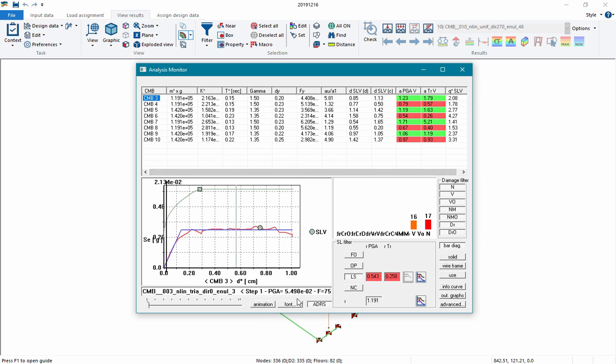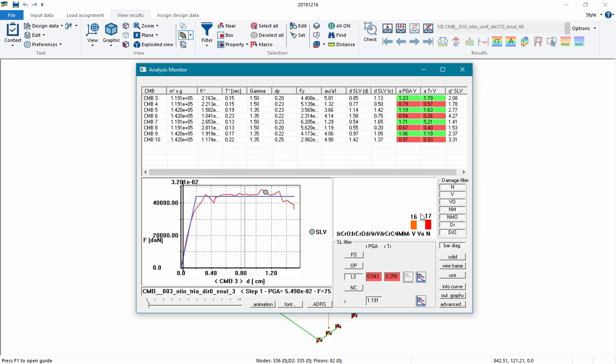In this graphic window, we can also have some information about the damage that the structure suffered during the pushover analysis.